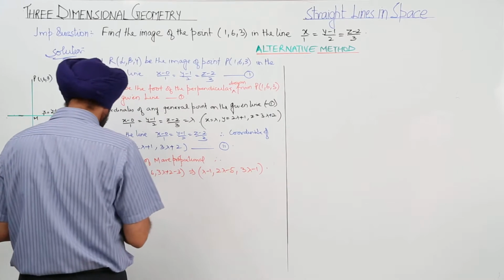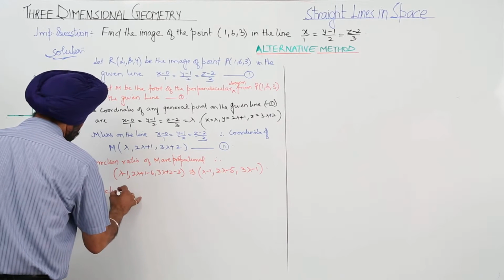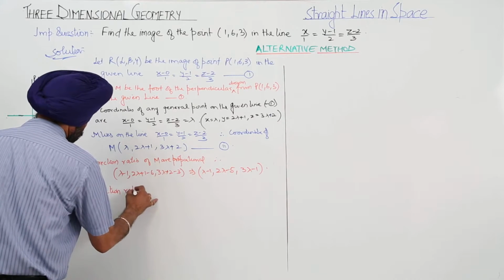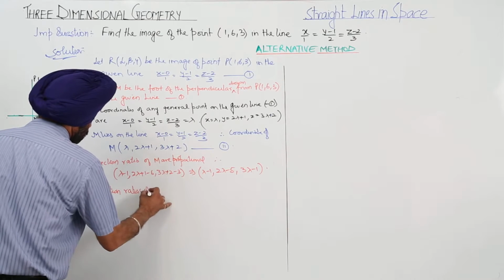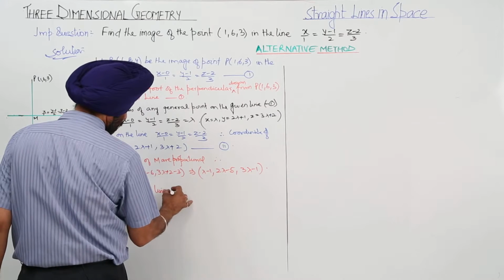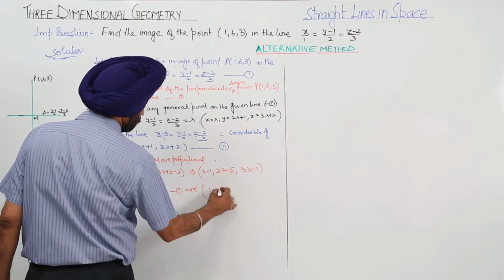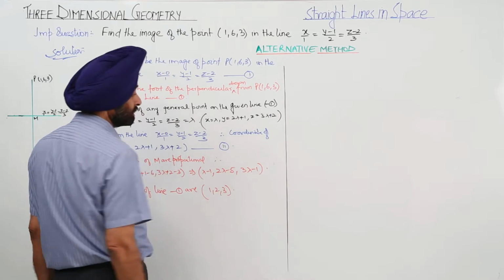Now, direction ratios of line 1 are 1, 2 and 3.